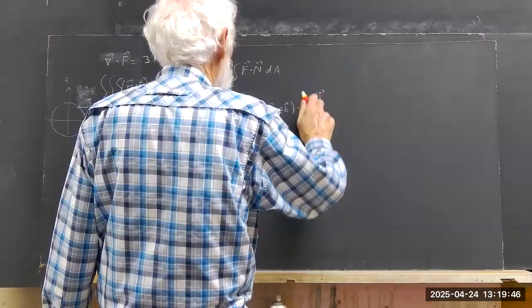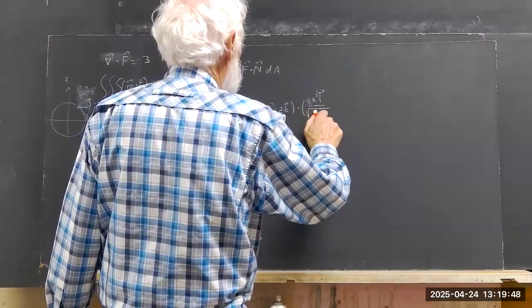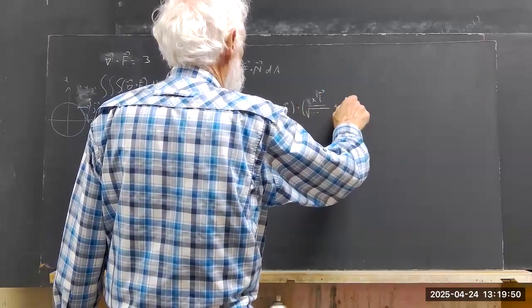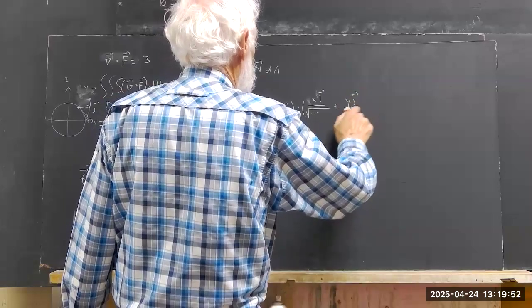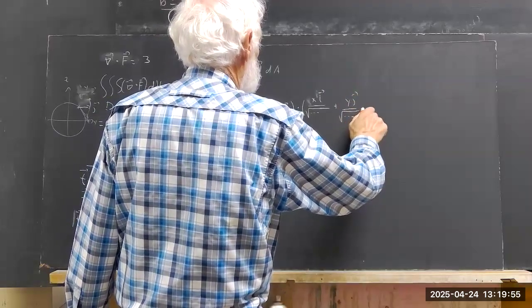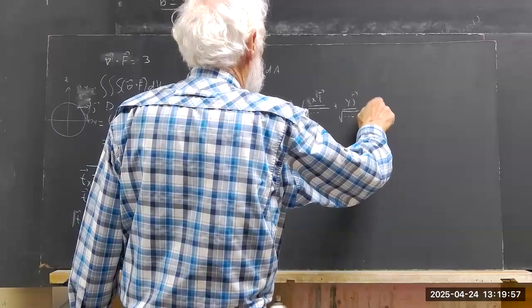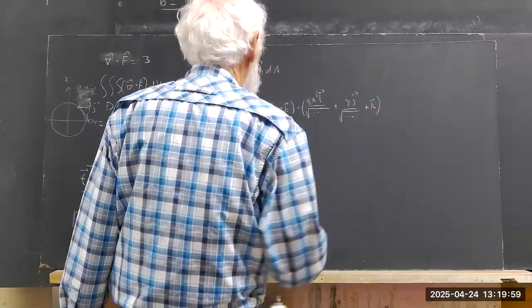The i goes there, the arrow goes above, over that square root that I'll fill in when we need it, and then plus yj over the square root, etc. Plus k.